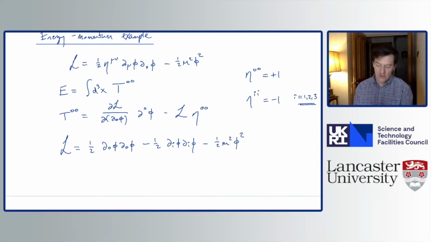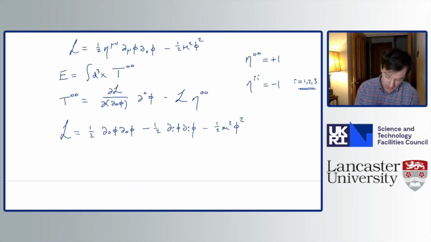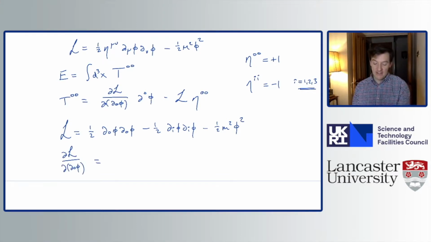Okay, so now it's straightforward to differentiate L with respect to d0 phi. What I need to do in the first term is this: we see that it's d0 phi squared. When I differentiate it, I pull down a factor of 2, and I am left with simply d0 phi.